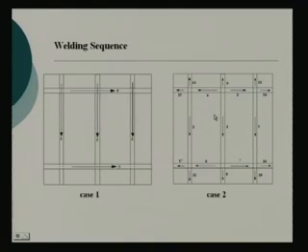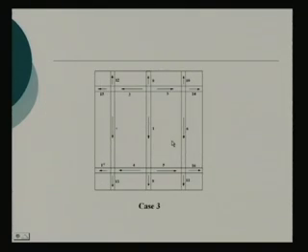That was the sequence. Next, in case 3, what you see is the same thing. We start with the middle part of the longitudinal, right, and then instead of jumping to the other longitudinals, we start for the transverses, again from the middle going outwards.